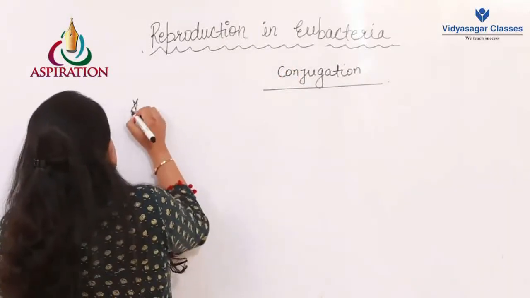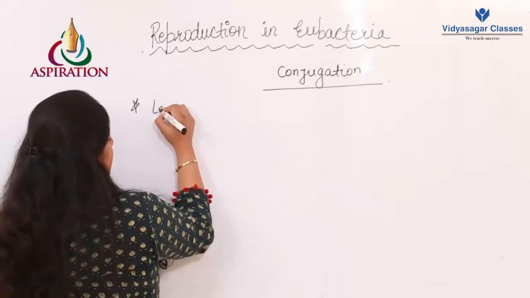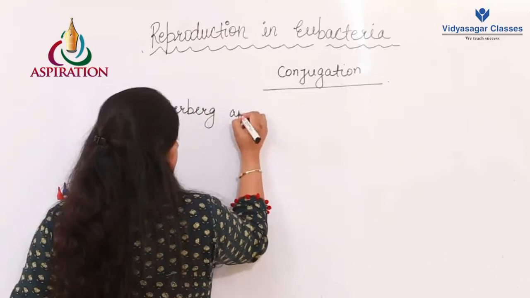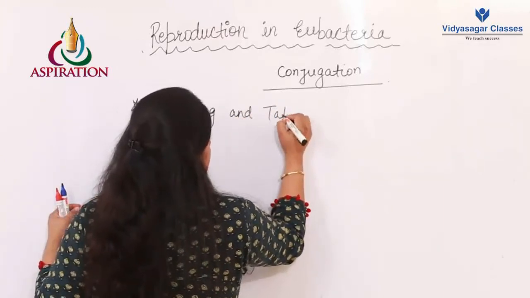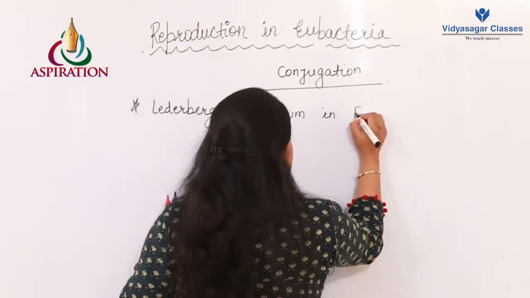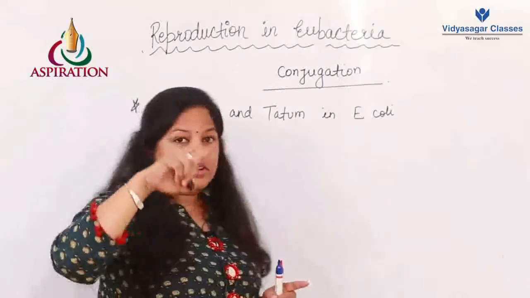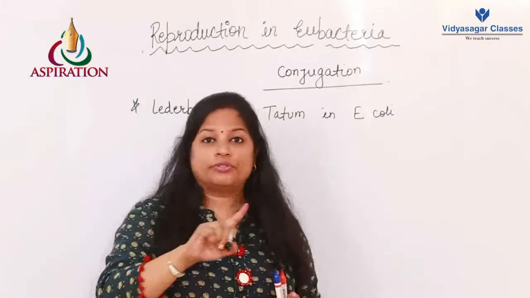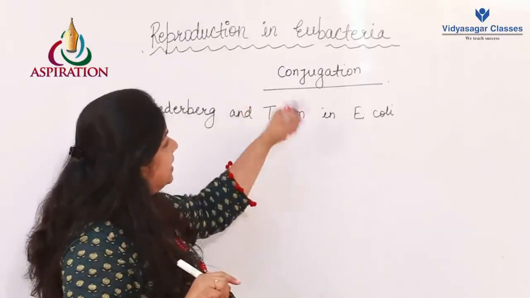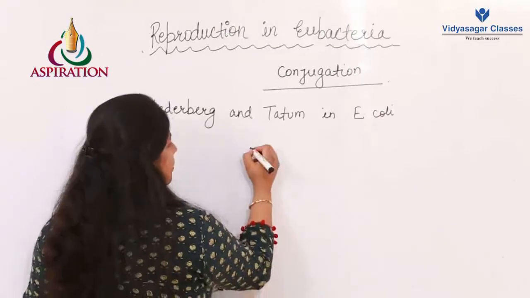Conjugation was discovered by Lederberg and Tatum in E. coli. In transformation, there was no physical contact between the bacteria. Here, there is physical contact between the bacteria.